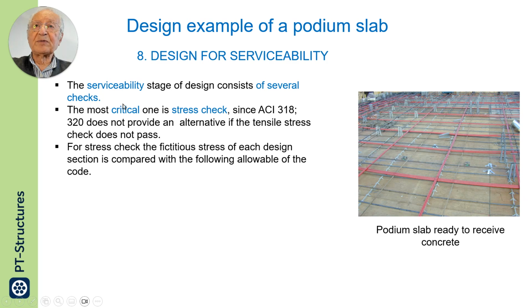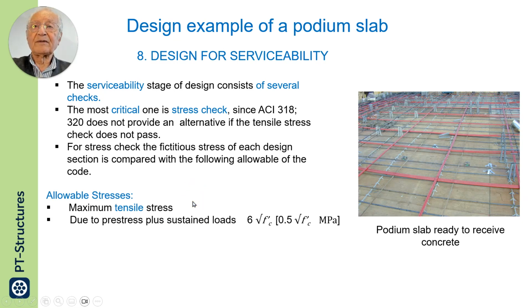The serviceability stage of design consists of several checks. The most critical is stress check. 318 does not provide a remedy. I mentioned that before. For stress check, we use a fictitious value and compare it with the code. This is the allowable value.